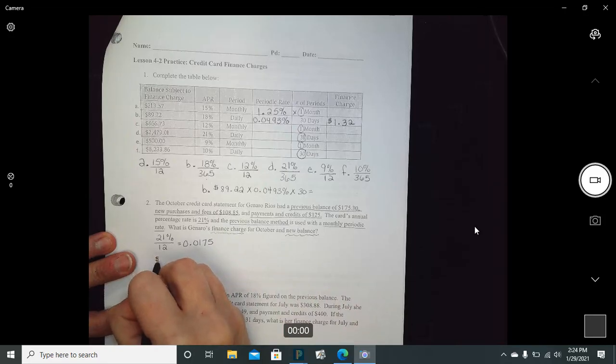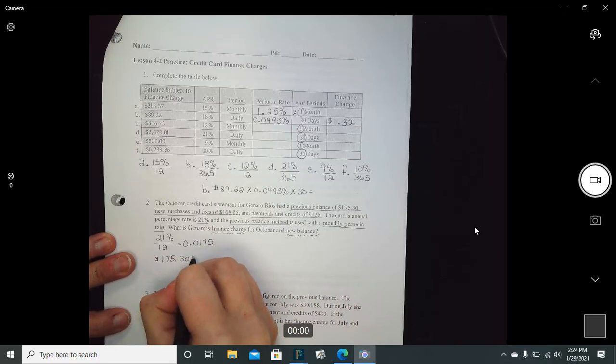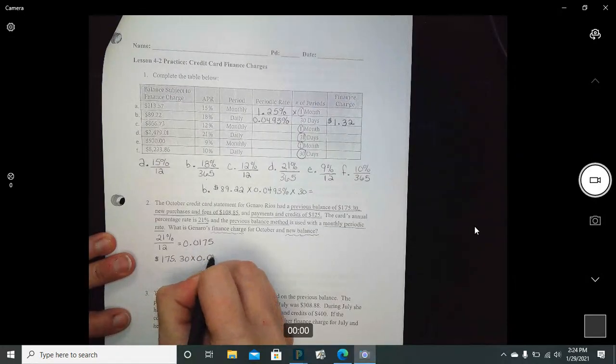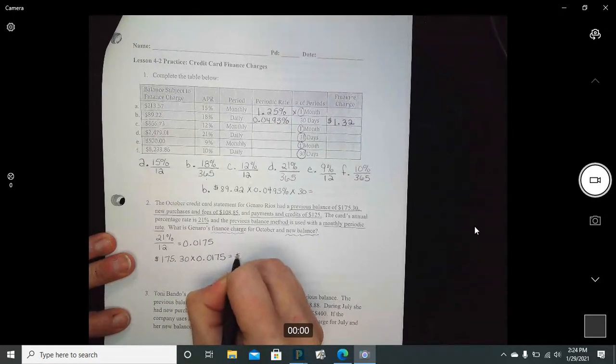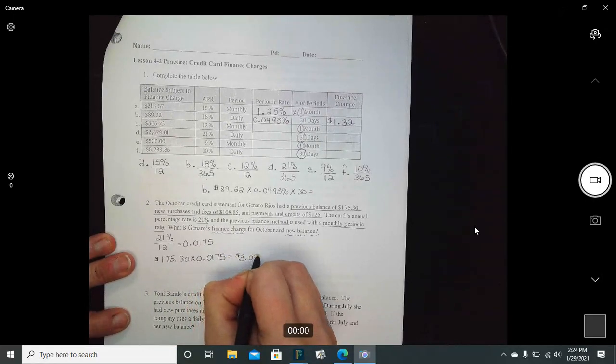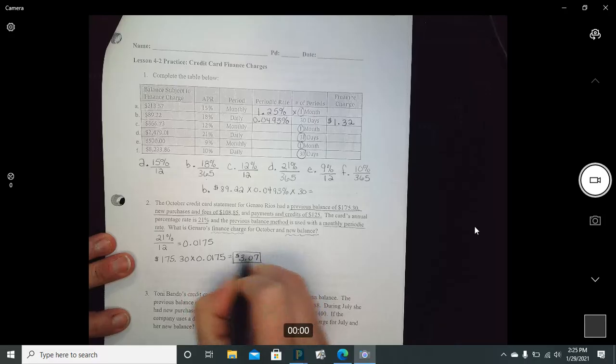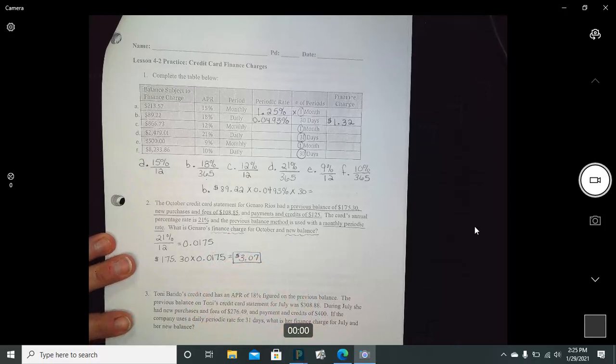So previous balance 175.30 times my 0.0175, and we're going to get the finance charge of $3.07. $3.07 is my finance charge. That's my one answer I needed.